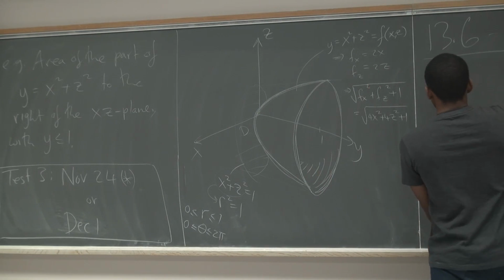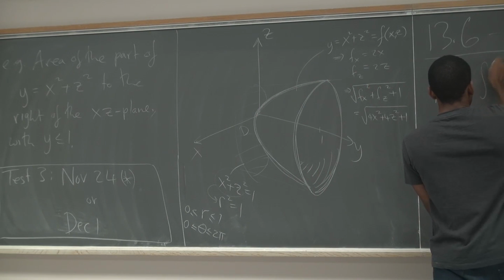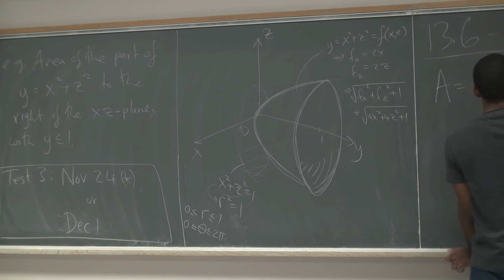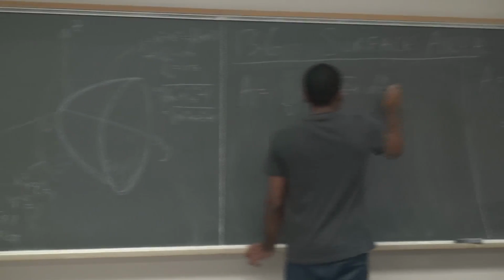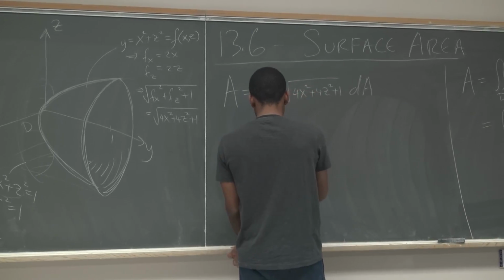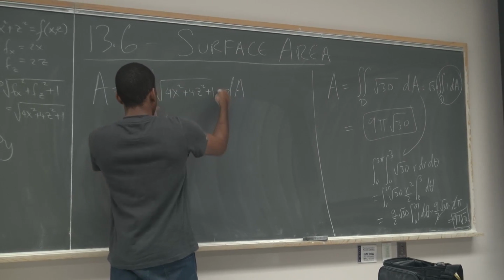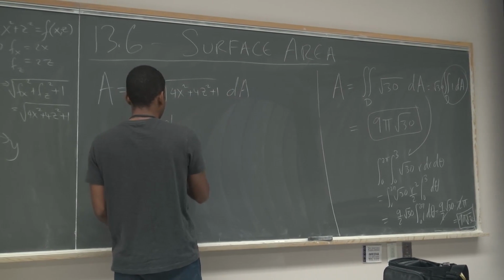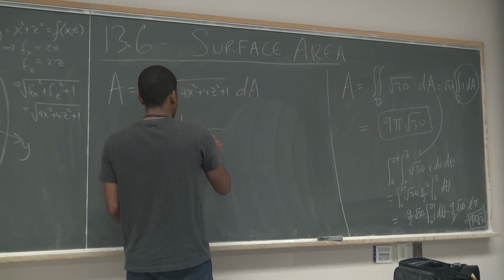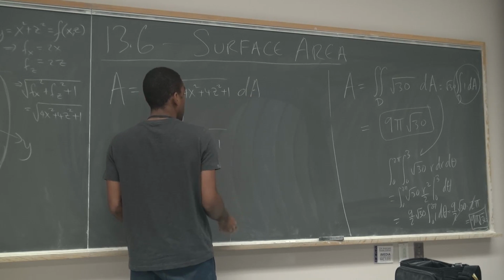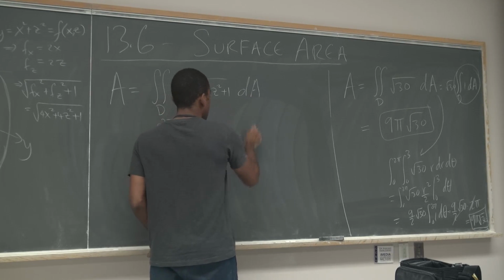So now my area would be equal to the double integral over D of the radical of 4x squared plus 4z squared plus 1 dA. Switching to polar coordinates, I get 0 to 2 pi, 0 to 1, the radical of 4r squared plus 1, r dr d theta.